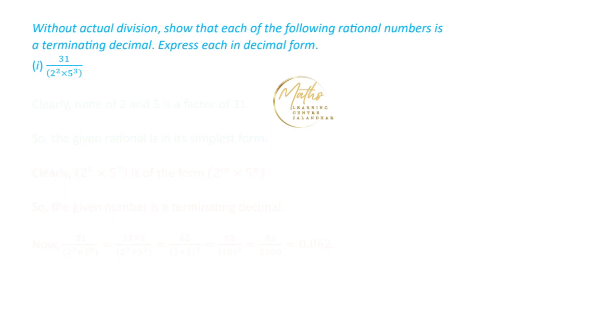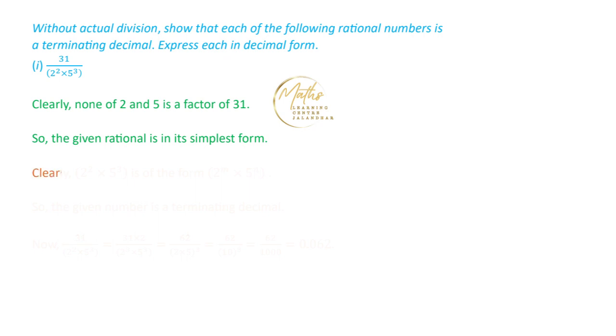The numerator is 31, and the denominator has prime factors 2 and 5. The HCF of numerator and denominator is 1, since clearly neither 2 nor 5 is a factor of 31. So this number is in the simplest form. You always have to check first whether it is in the simplest form or not.